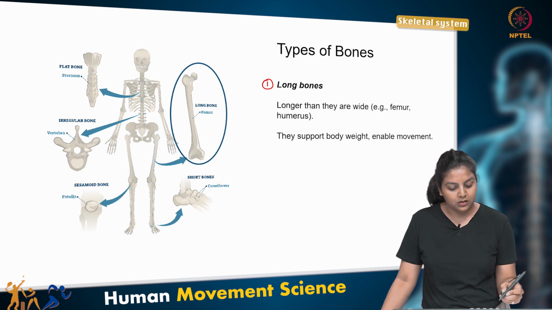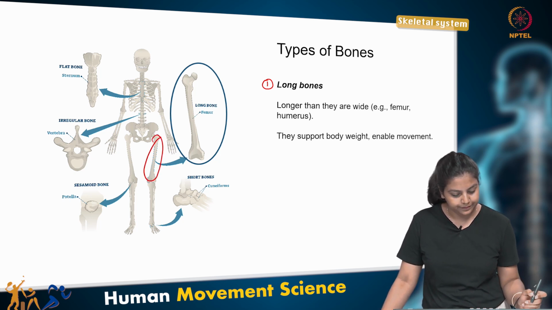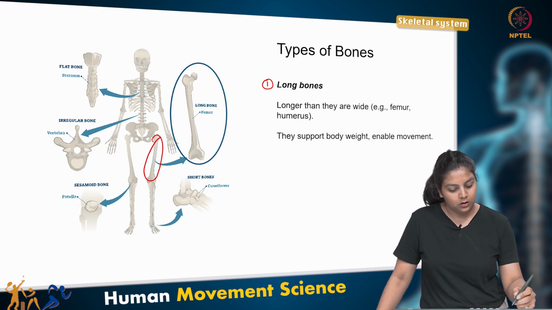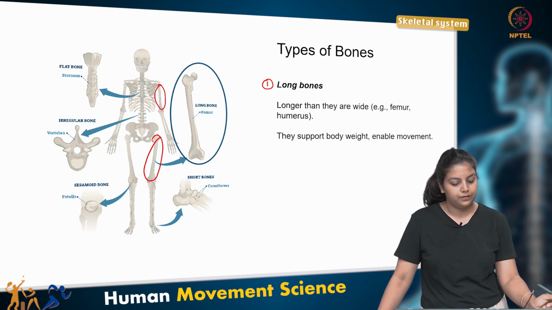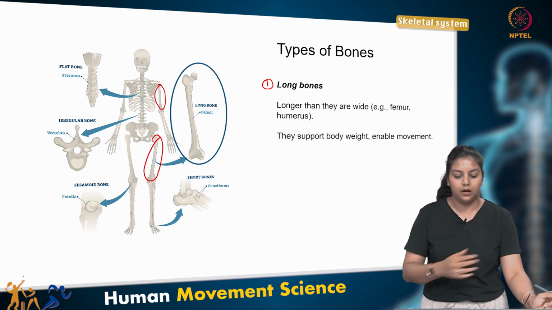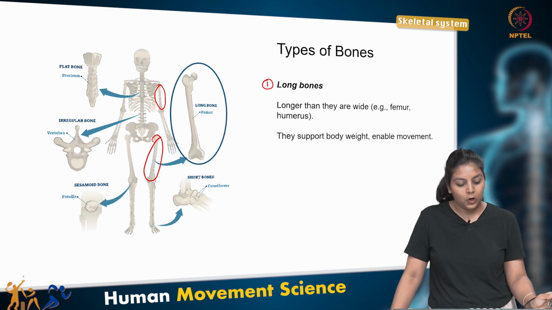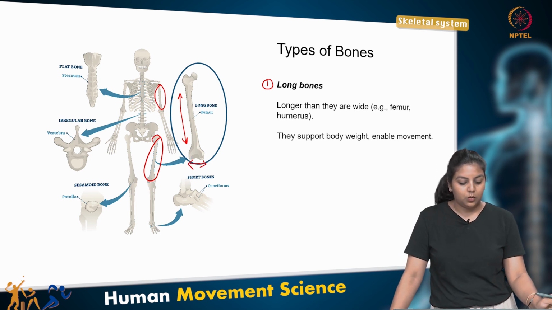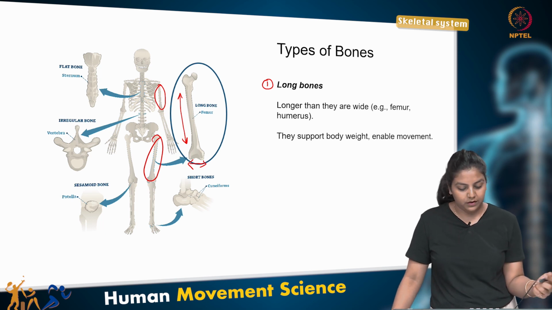Imagine the femur bone, your thigh bone. You can also look at the humerus, your upper arm bone. So what is their function? They support body weight and they enable movement.